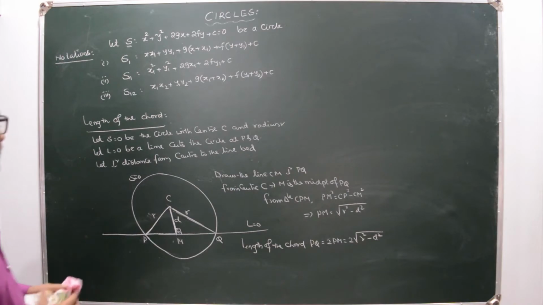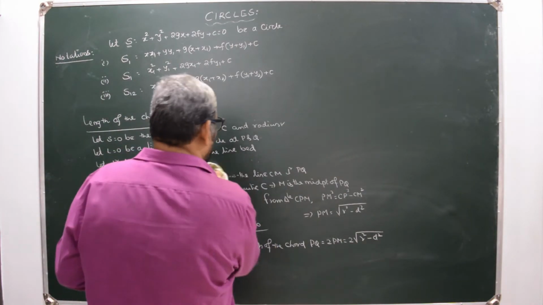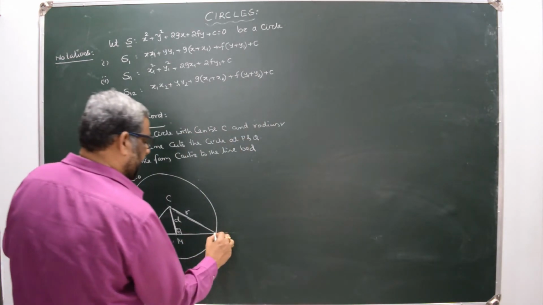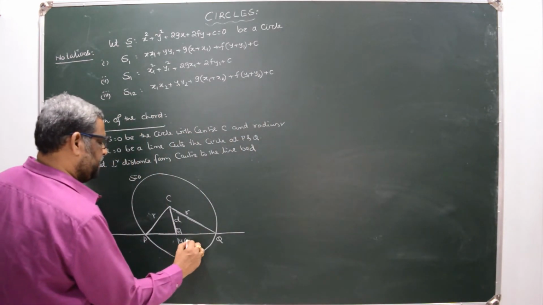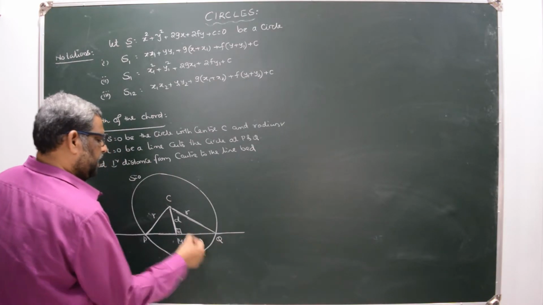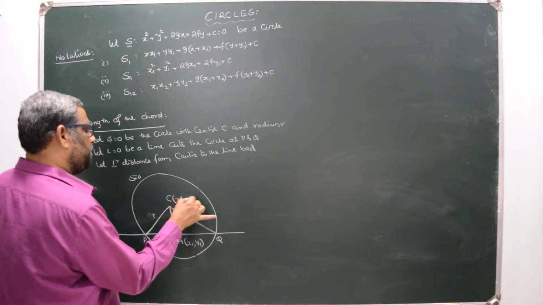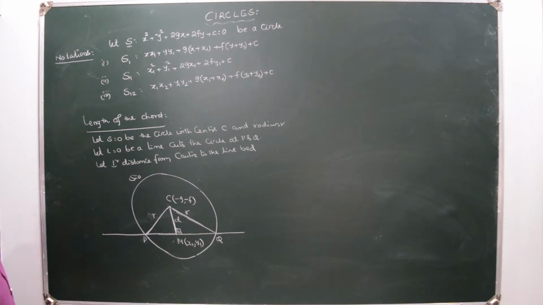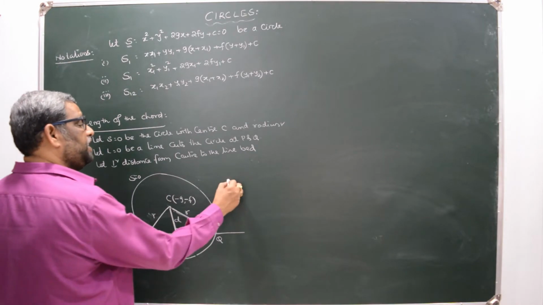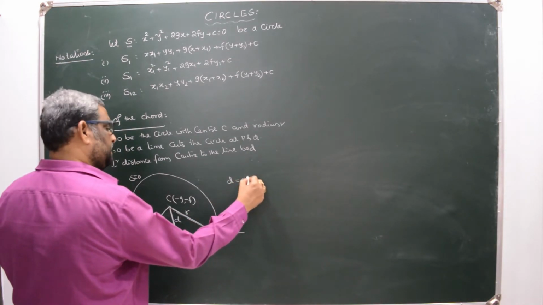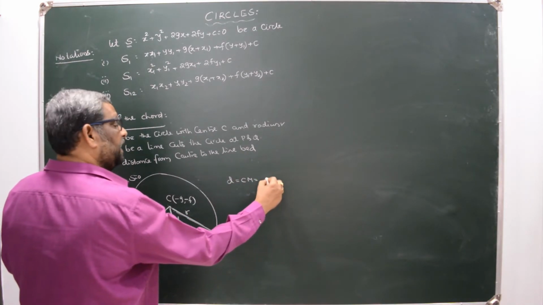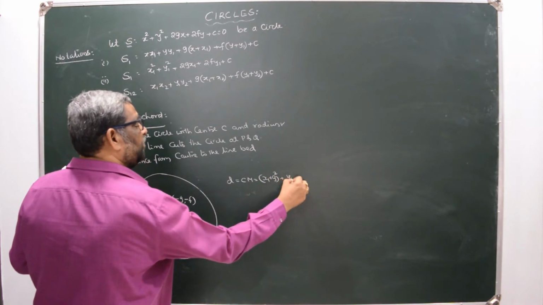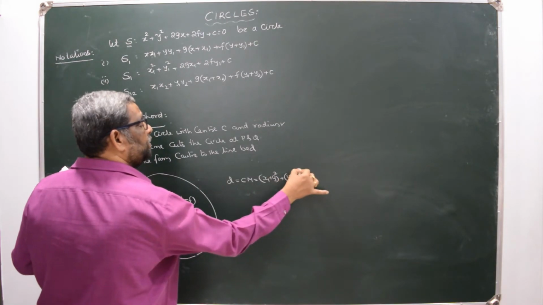Now, if the line equation is not given and instead a point is given, for example, let me take the center to be minus g comma minus f. How do we find the length of the chord in this context? Here D is equal to CM, which is the square root of x1 plus g whole square plus y1 plus f whole square.